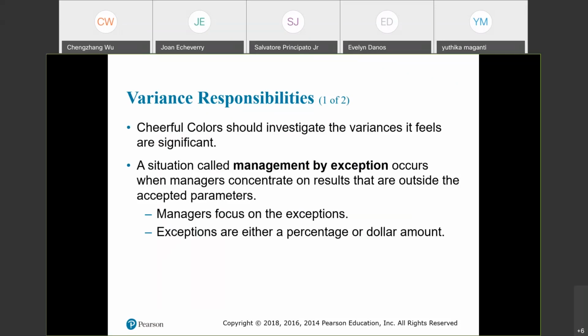So in this case, that company needs to investigate what causes the significant change. This company will, in this example, Cheerful Colors, investigate any variances greater than $5,000 for direct material variances, direct labor variances, and variable overhead efficiency variances.